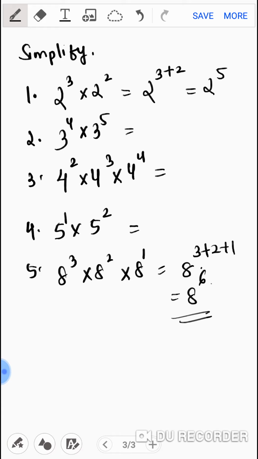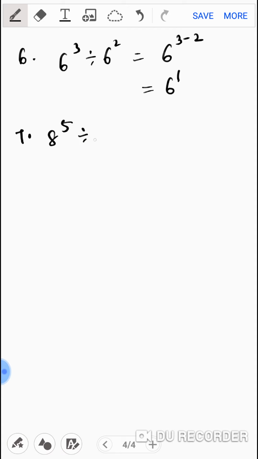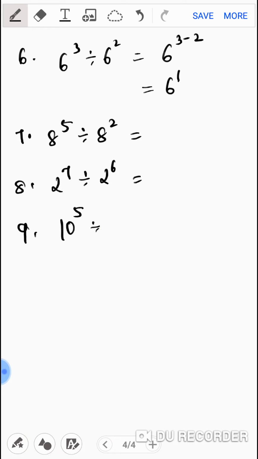Okay. Problem number 6. I am continuing problem number 6. There is something in division. So do you know how to perform division? Division means the exponent should be subtracted. 7th, you have to do division again on your own. 8th, you have to do division again. 9th, 10th. 3 raised to 9, 3. 3 with nothing means 1.